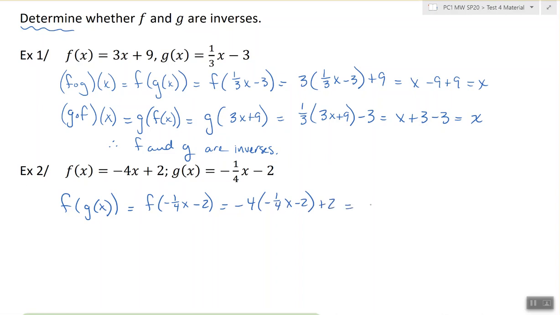So this is x plus 8 plus 2, which is x plus 10, not just the x that came out up here. So it's not going to be inverses here. We have f and g are not inverses.